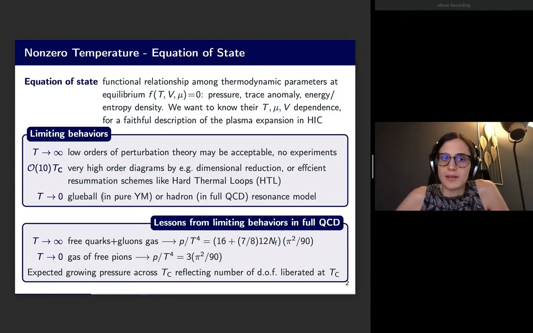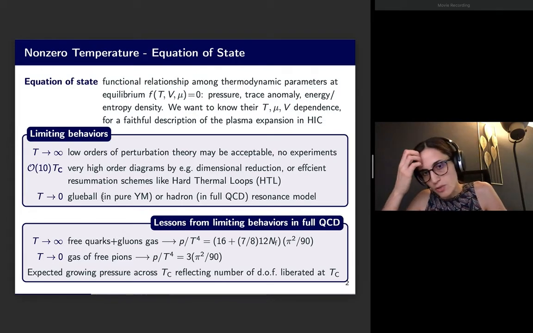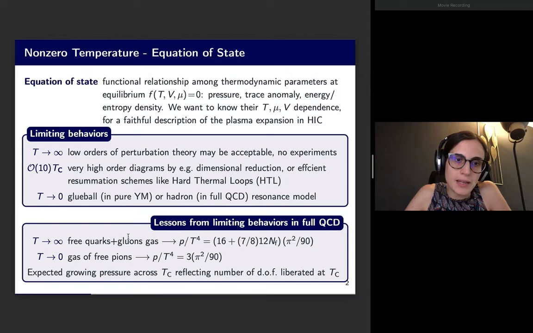Okay, and what do we learn from these limiting behaviors in full QCD? Well, for the limiting behavior where T goes to infinity, we basically have a free gas of quarks and gluons, and we can consider these as an expression for the pressure in that case, while as T goes to 0, we basically have a gas of free pions, for which the expression of the pressure is also reported on the slide.